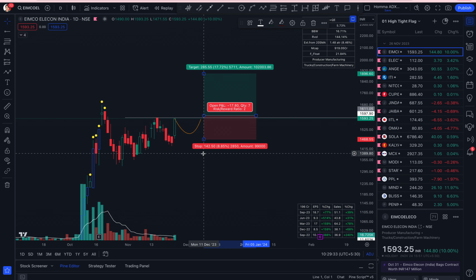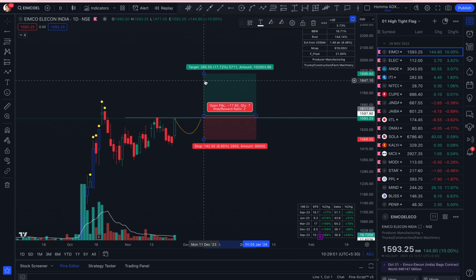So let's give a simple example. Let's say you bought 2 shares of IMCO Elecon, right? So if it hits your stop loss, you are going to lose 284 rupees, because per share it's 142.